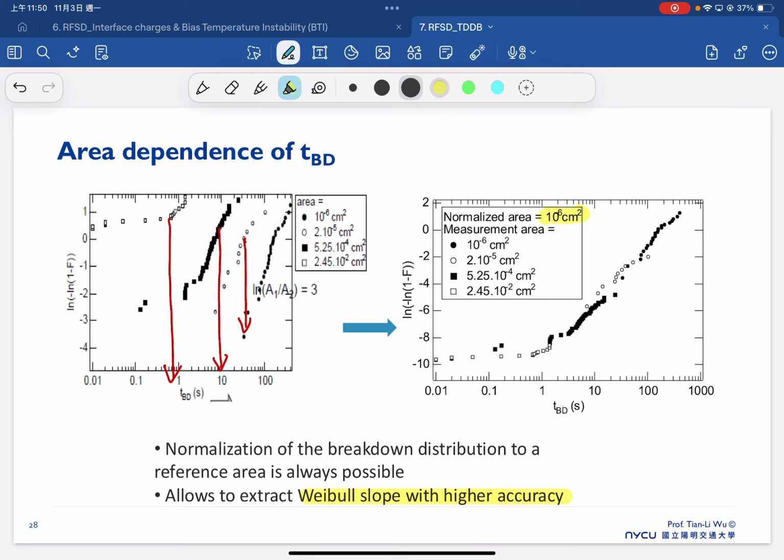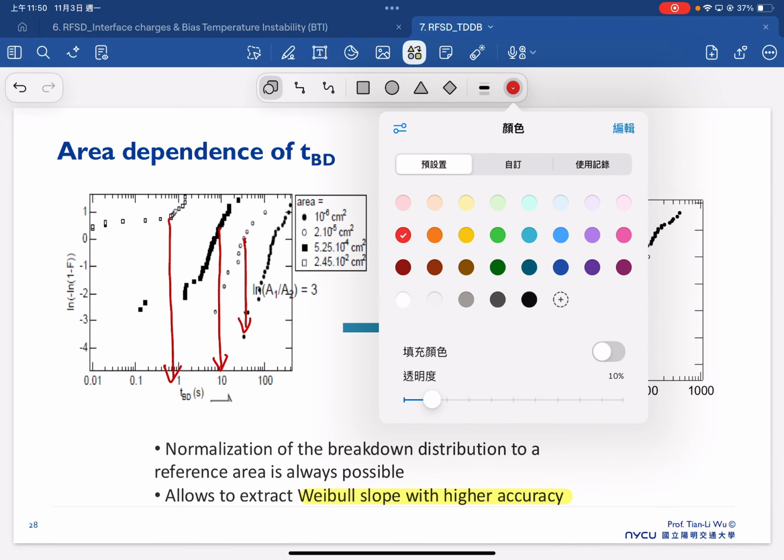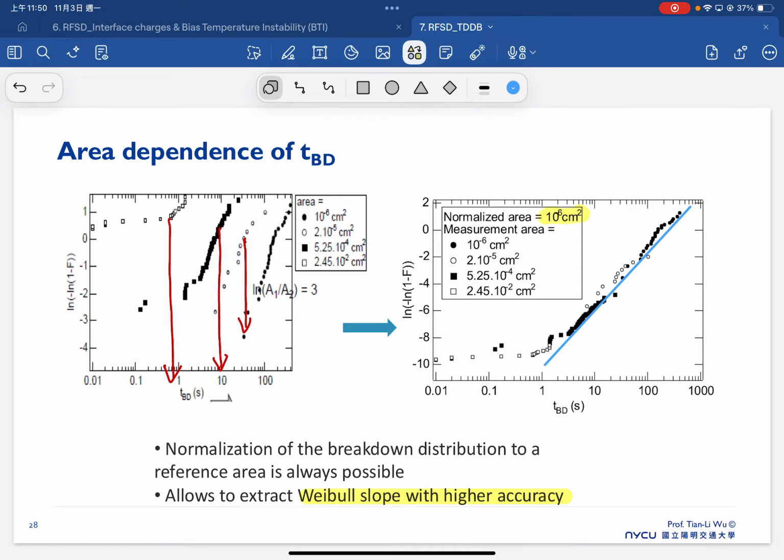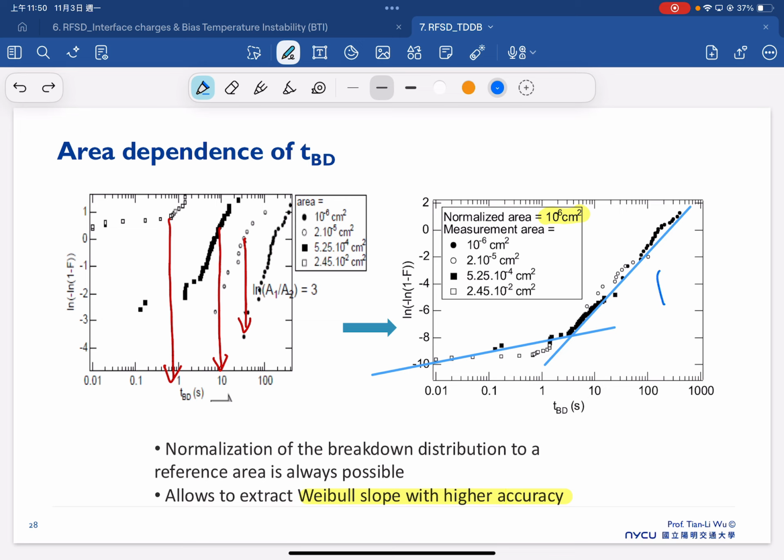From this one, it also tells us that we have one slope here, and another slope here. So this is beta 1 and this is beta 2.